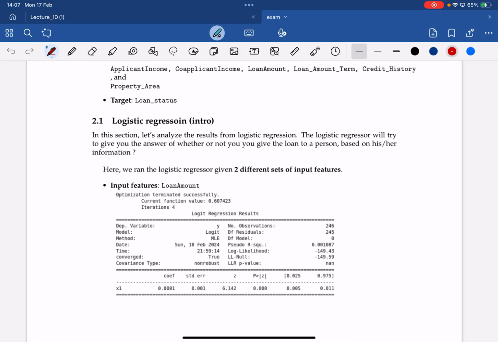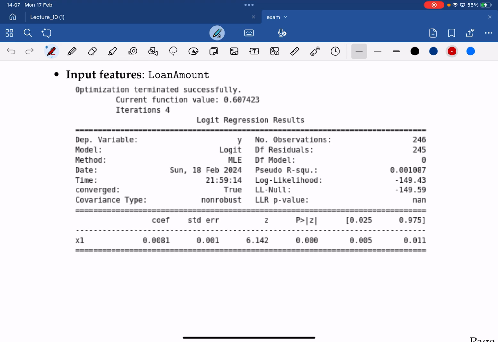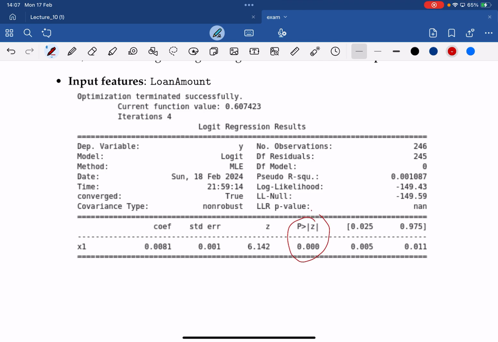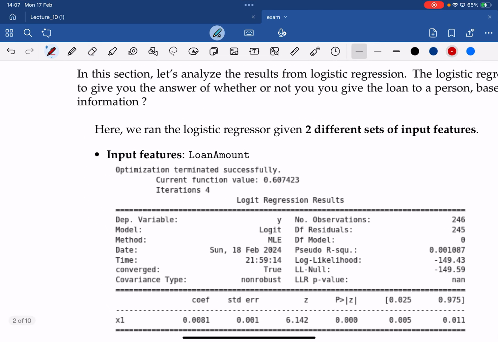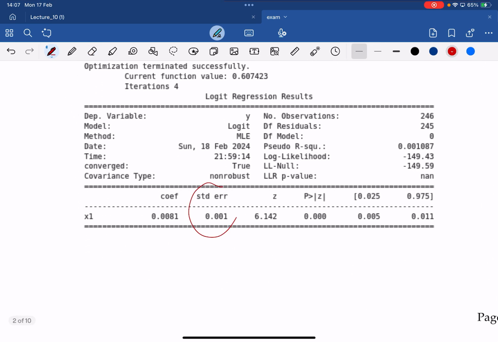Maybe I'll provide some kind of table that gives you a number of properties. I believe you may know this one is p-score, p-value, and there's standard error and the value of the coefficient, something like that.